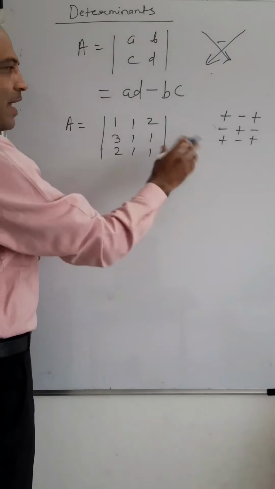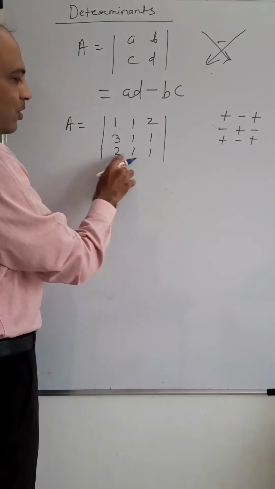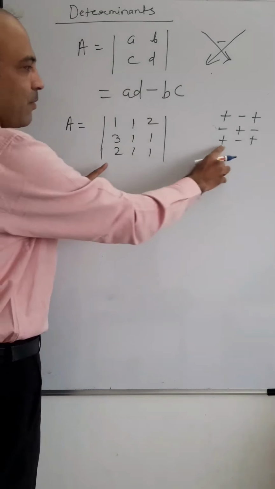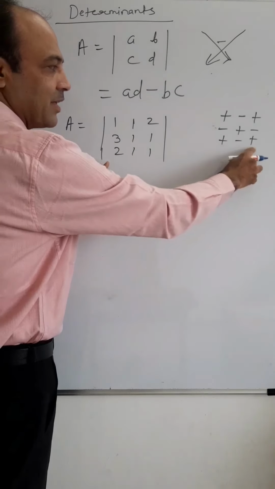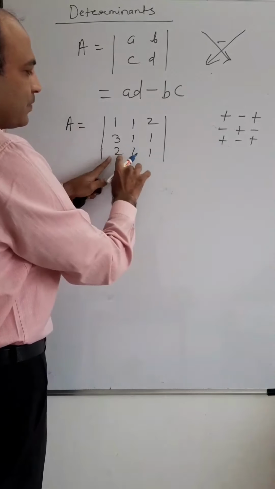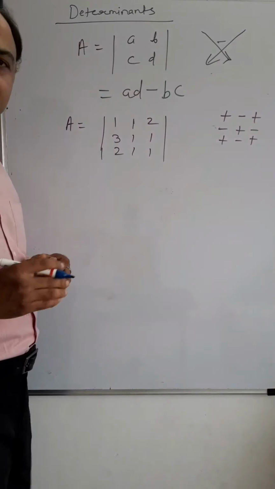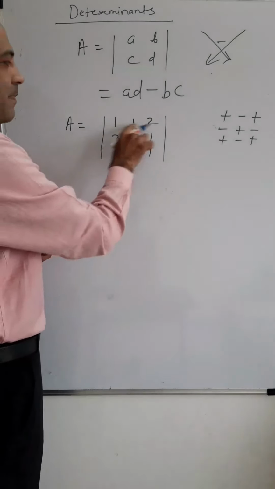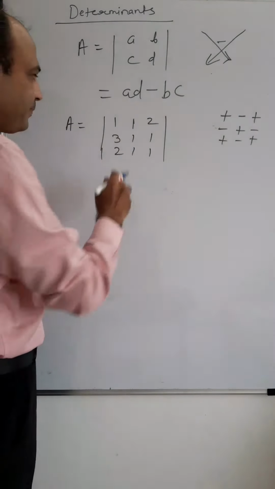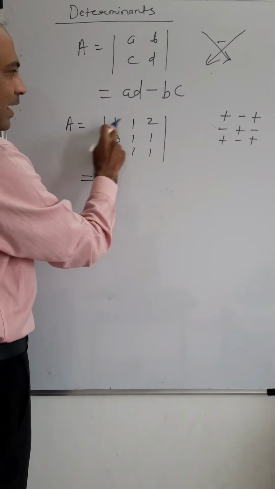Wherever you expand from, you have to keep the sign convention in mind. So plus will start, then minus, then plus. In 99% of cases we expand from the first row. So how do we expand? 1, this is plus.